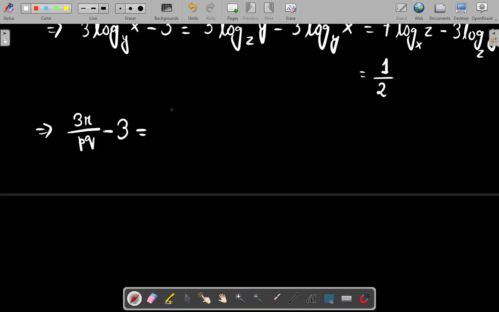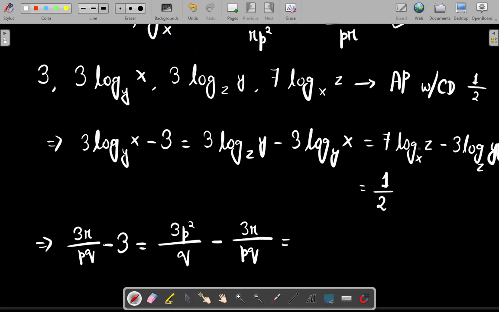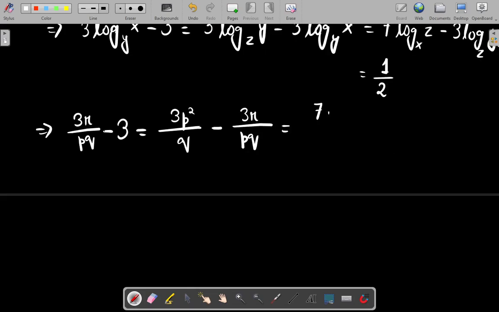So this becomes 3p square upon q minus 3 log x base y, so this is again 3r upon pq, and then we have 7 log z base x, so this is 7q square upon pr minus 3 log y base z, which is 3p square upon q, is equal to half.